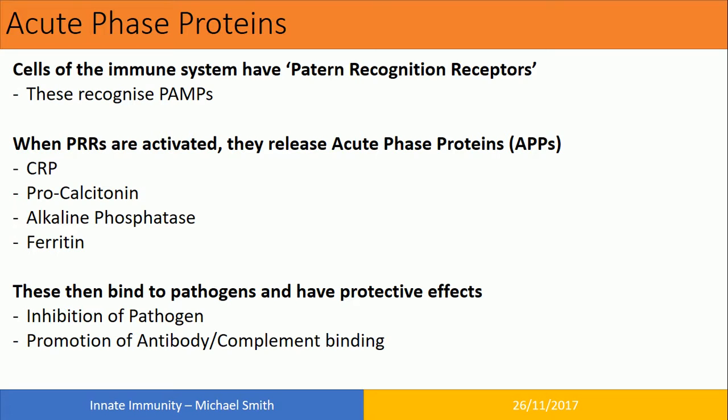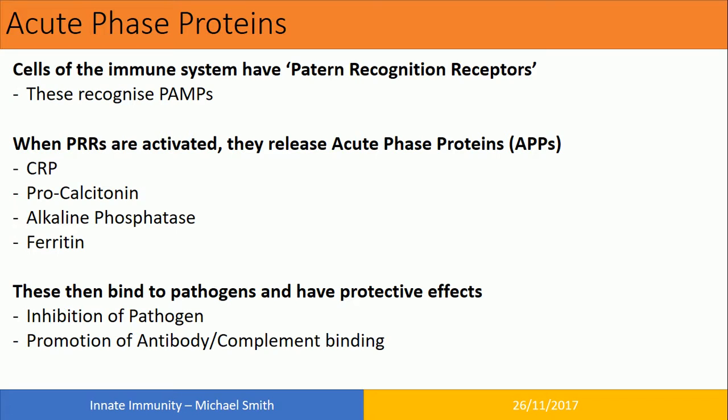So, acute phase proteins. When we have cells in our immune system, they have receptors on their surface which are known as pattern recognition receptors. And these are the receptors that are designed for recognizing our PAMPs and our DAMPs. Now, these are what I talked about earlier, our pathogen-associated molecular patterns, which are the antigens that are very obviously different from our host cell.